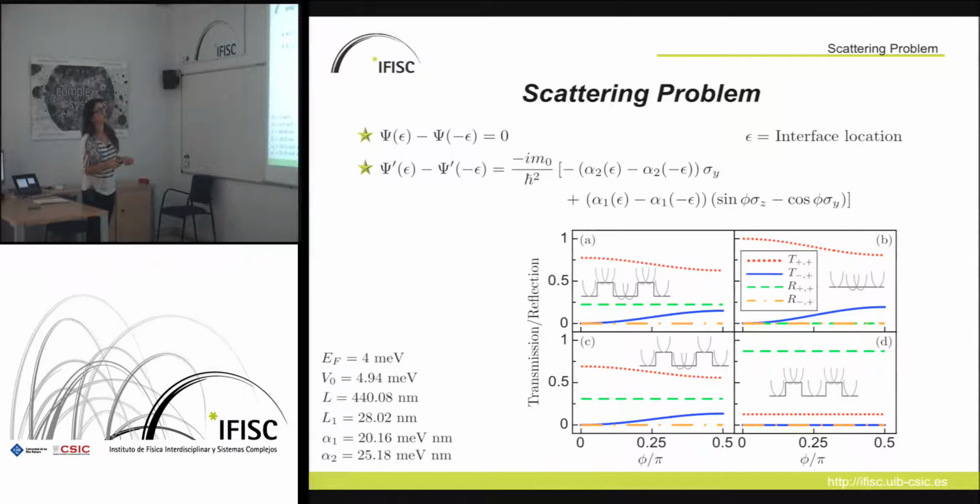This is because we have the polarization axis in the reservoirs parallel to the polarization axis in the QPCs. Then all the electrons are reflected with the same spin. But in the transmission probability, we observe that we have both contributions. Only for phi equal to 0, the off-diagonal transmission is equal to 0.